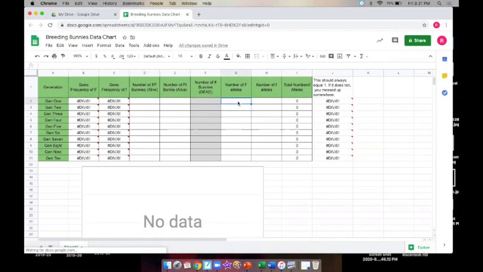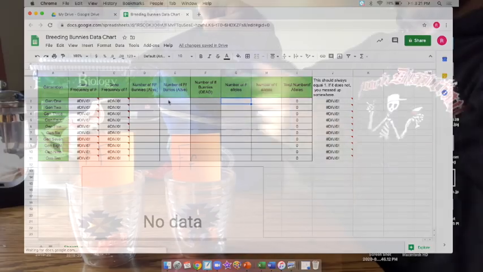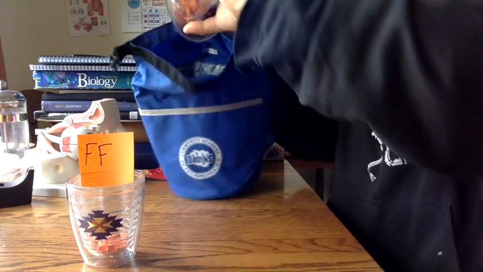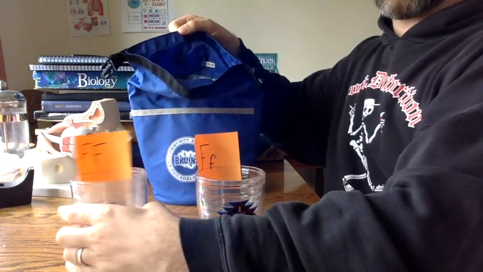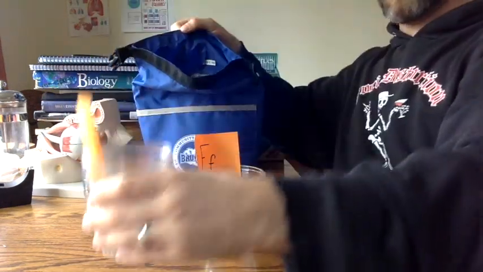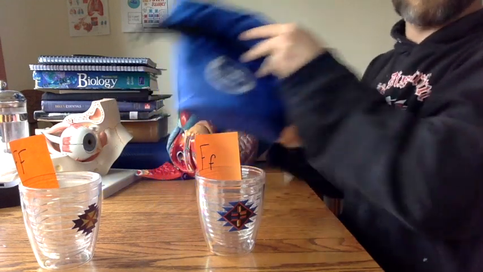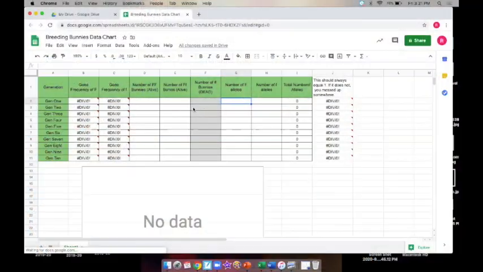And then the number of big F alleles, number of little f alleles. Count out all of your dominant ones, count out all of your surviving recessive ones. Then take the ones that survived, put them back in your bag, shake it up again, and do generation 2 the exact same way. And then you get the little ones, throw them out, and the survivors go into generation 3. You do that for all of them.